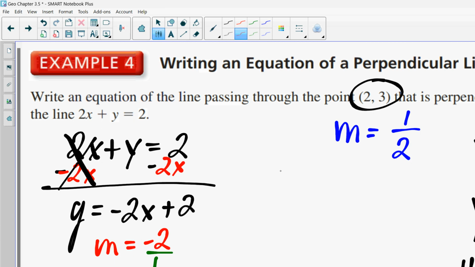Now to finally get y by itself, we would indeed add 3 to both sides, telling us y is equal to 1/2 x plus 2. That's it. Questions on this here?